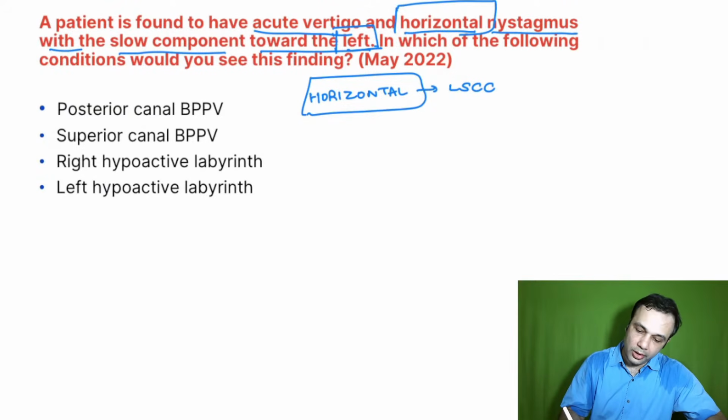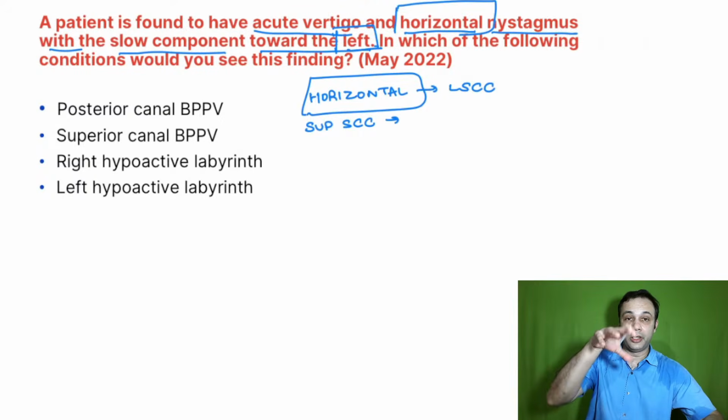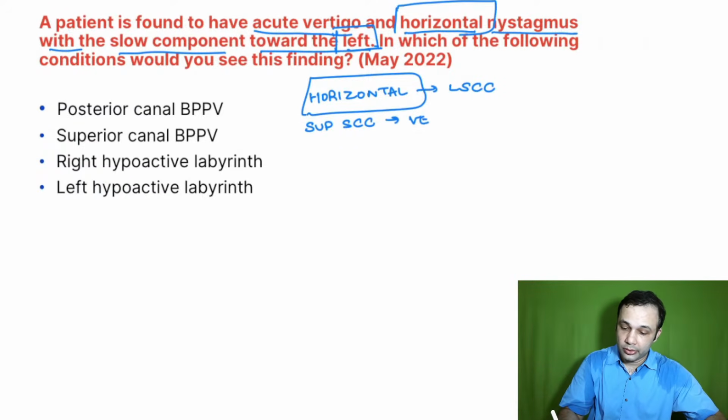If there is involvement of the superior semicircular canal, it produces a vertical downbeat torsional. Okay, so vertical downbeat and torsional.